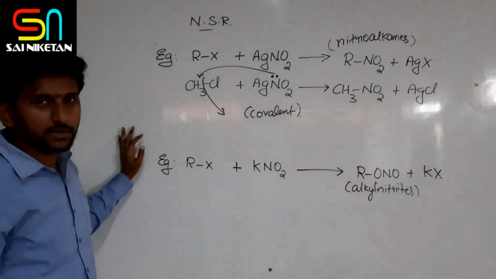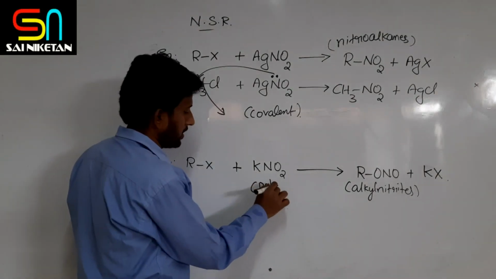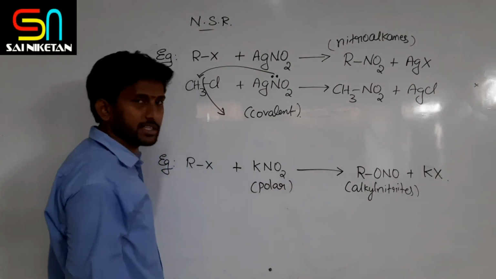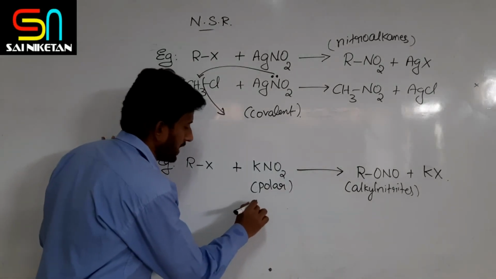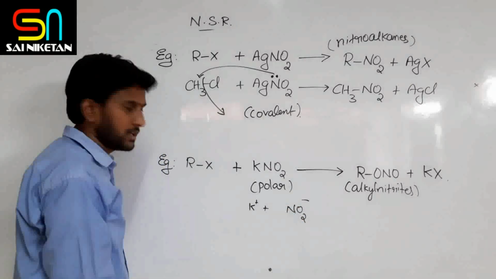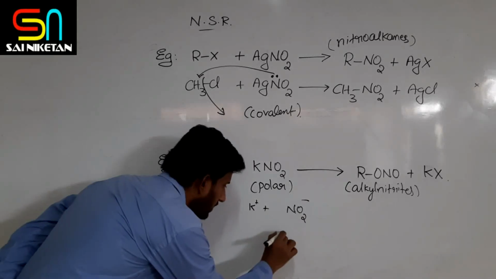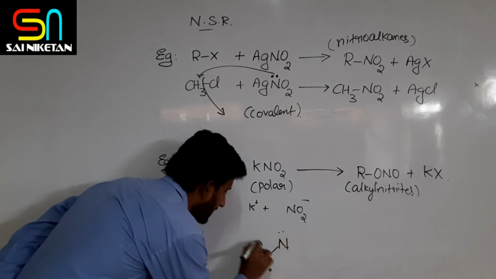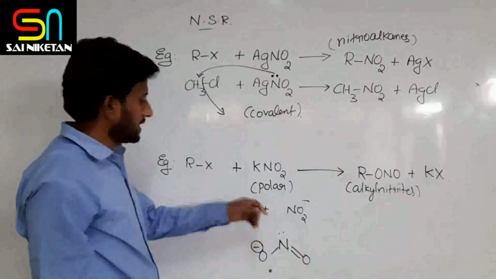Whereas in case of potassium nitrite, it is a polar molecule. That means it will dissociate into K plus ions and NO2 minus ions. Now if you observe the structure of NO2 minus ion, oxygen atom carries the negative charge on the nitrite ion.